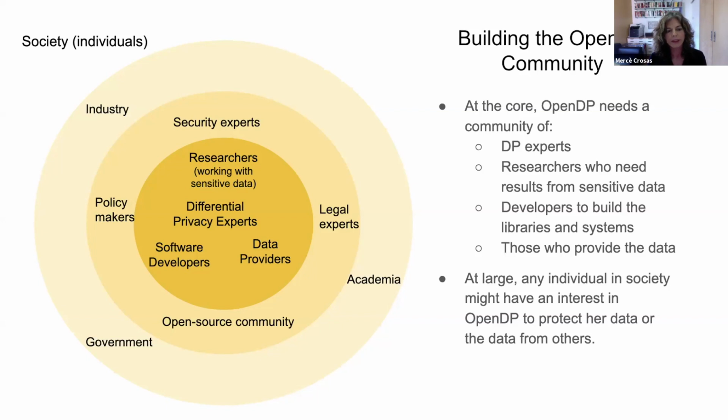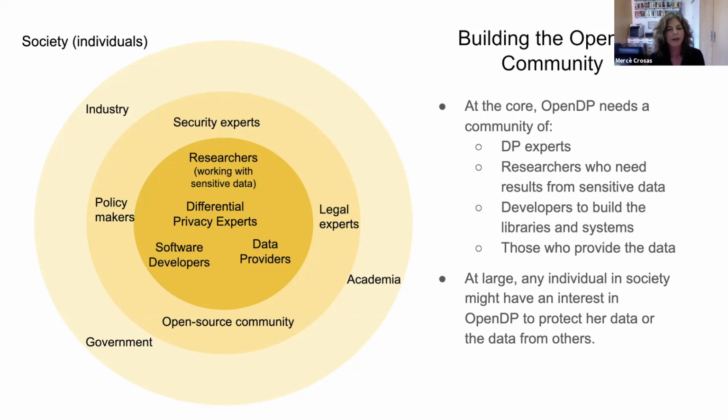Then we also need the researchers that are working with sensitive data and want to get results from it, and we can derive some of the use cases that OpenDP can help to solve. We also need software developers that are building these systems. And in our outer ring, there are also contributions of security experts, legal experts, the open source community, and policymakers.